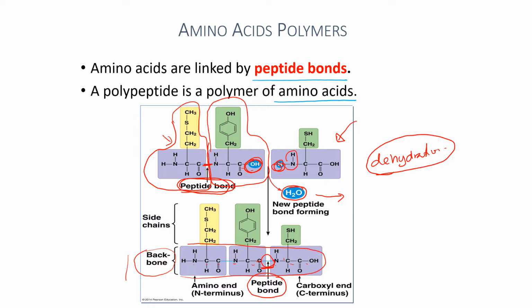Protruding from the backbone, you have the side chains of the different amino acids that are attached together. Okay, so the polypeptide chain has two ends. At this end it has the amino end or the N terminus. On the other end of the polypeptide chain, it has a carboxyl end or the C terminus.